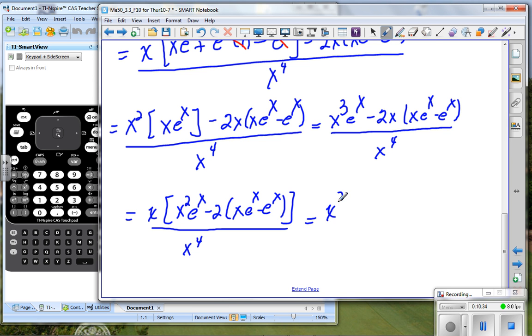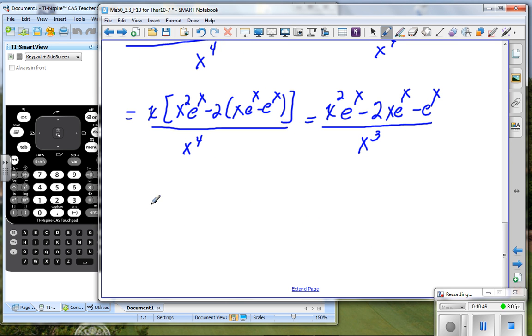and I end up with x squared e to the x minus 2x e to the x minus e to the x divided by x cubed. One last step, I can factor out an e to the x, and I would have x squared minus 2x minus 1 divided by x cubed.